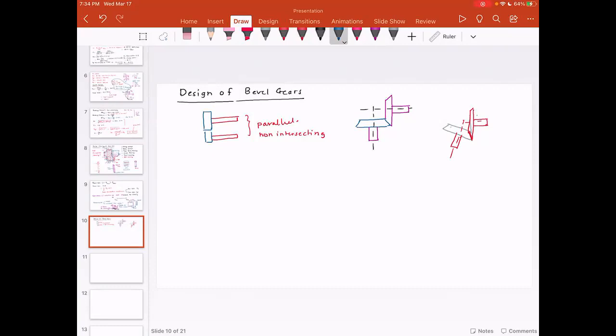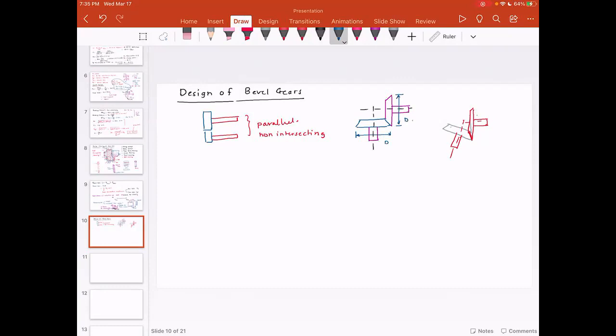Now, it's important to observe that the bevel gears are used if both the gears have the same diameter. Which means the only purpose is that we want the direction of power transmission to be changed.